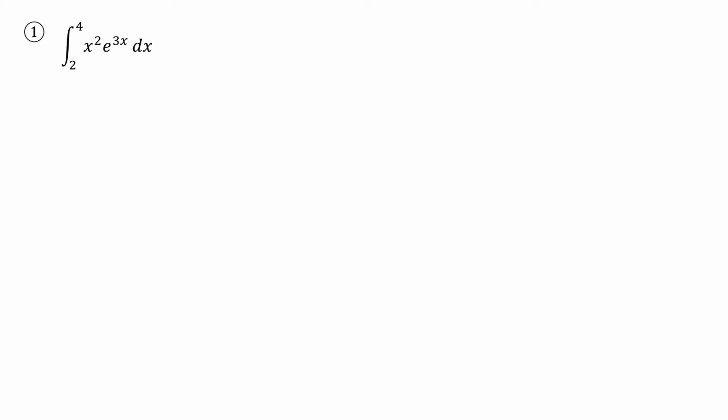Well, what technique would we use on this? Use substitution? Hey, yeah, integration by parts. What if we let u equal x squared and dv equal e to the 3x dx? du is easy. du will be 2x dx. v is not too difficult either.